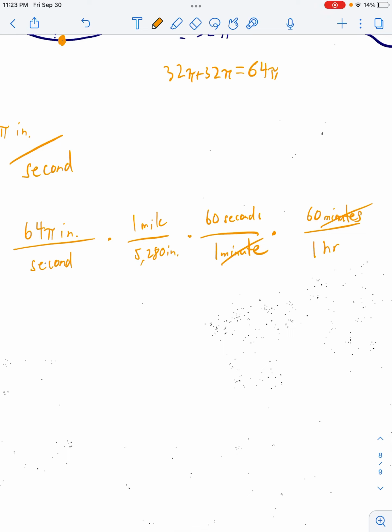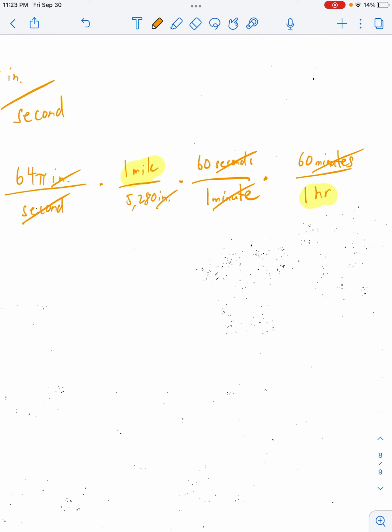So these all cancel, and the units I have left, miles per hour, are my final unit of measurement.